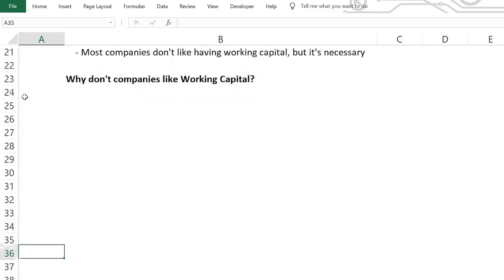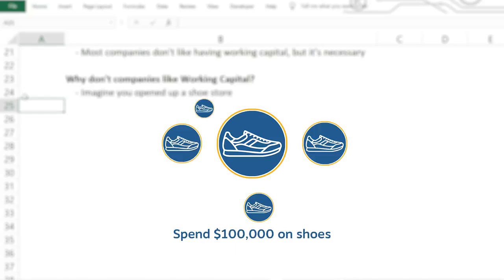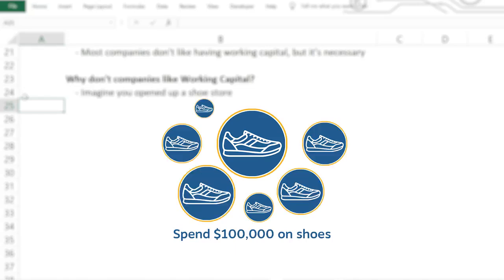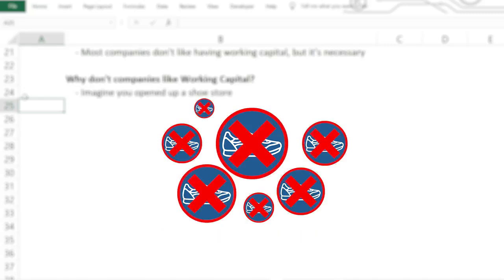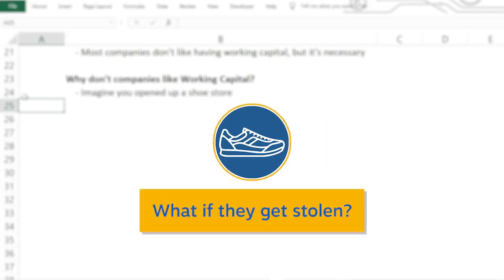So why is it that companies don't like having working capital? Well, let's imagine you opened up a shoe store. You might need to spend $100,000 buying shoes to have some inventory in your store. But what if you bought the wrong style and nobody wanted to buy your shoes? Or what if they get stolen?